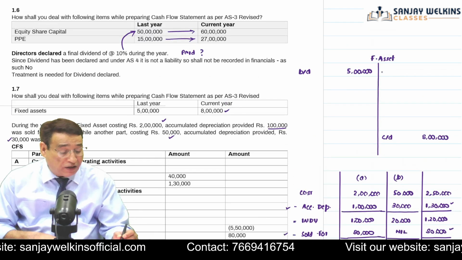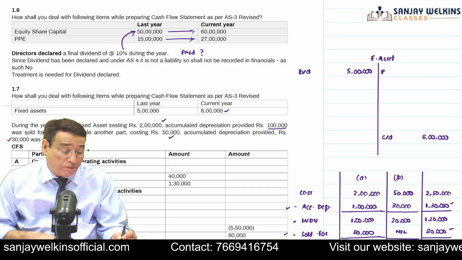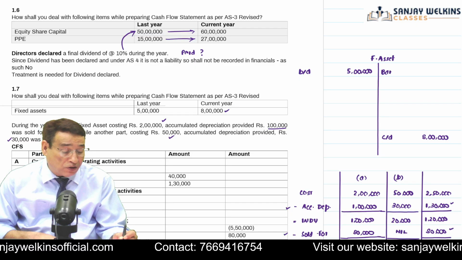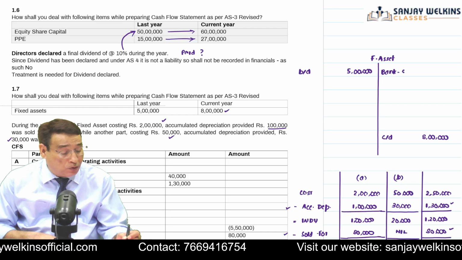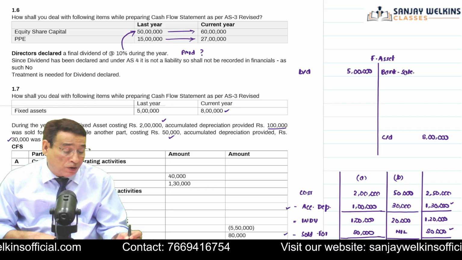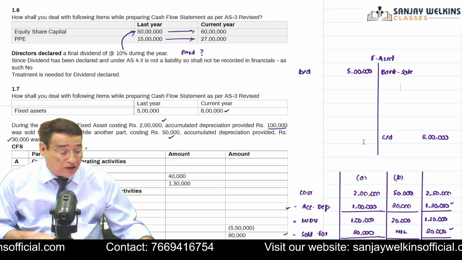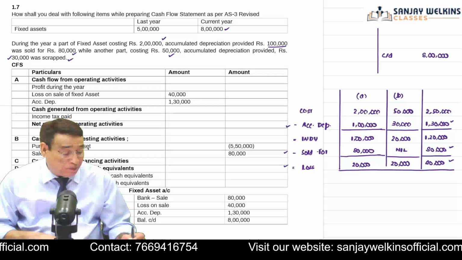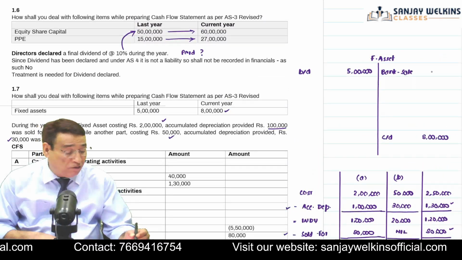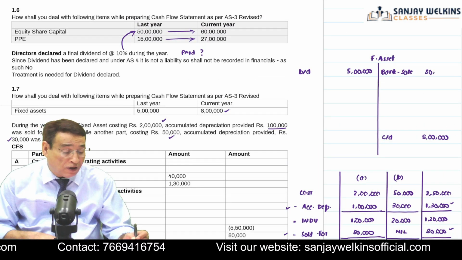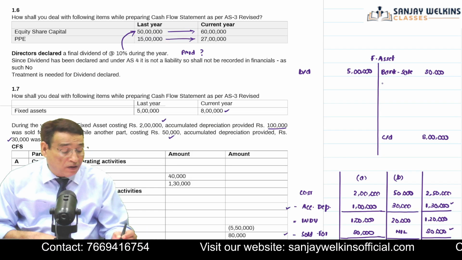So I will be writing here first of all by bank or by cash, total sale. Now total sale value, as I told you, is 80,000, so I will be writing here 80,000. Correct?